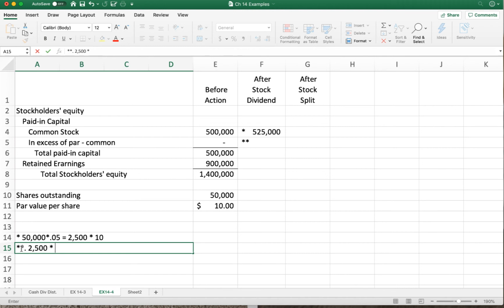The market value is 14, so there's a difference of 4. So I'm going to take my $14, which is my market value, minus my $10 par value. That gives me $4. So if I multiply the 2,500 shares times the $4, that's 10 grand.